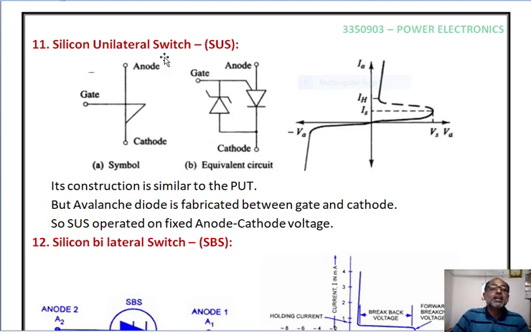So it operates at a fixed anode-cathode voltage. That means it requires a sufficient or fixed voltage to operate or to turn on. As I told you, the avalanche diode is fabricated between gate and cathode.